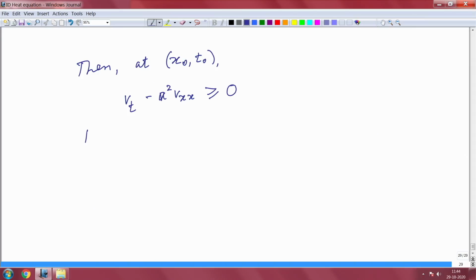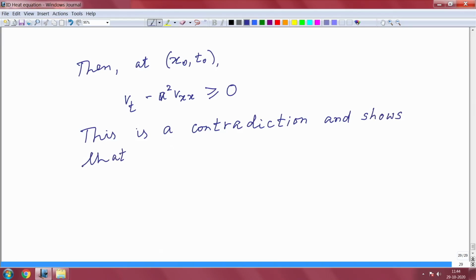So, this is a contradiction, and shows that we can attain its maximum only on... certainly it does, because V is a continuous function and we are in a compact set.